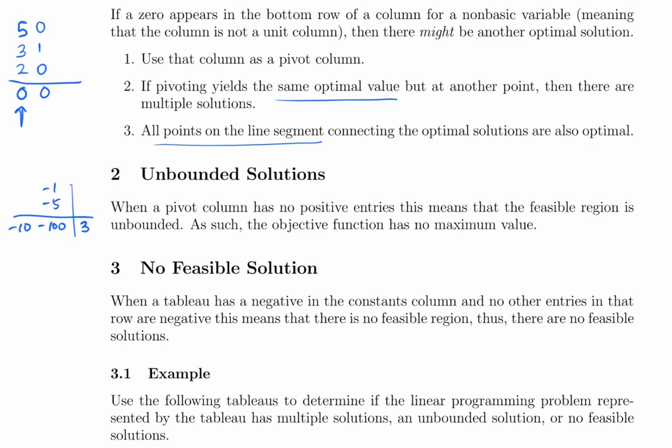It is possible that we could have no feasible solution. This would occur if a tableau has a negative in the constants column, and no other entries in that row are negative. Remember, the constants column is after the vertical line. So what if we had, say, a -10 in the first row, but then our entries in row 1 are 1, 2, 3, 4. Remember, all of our variables are assumed to be non-negative.